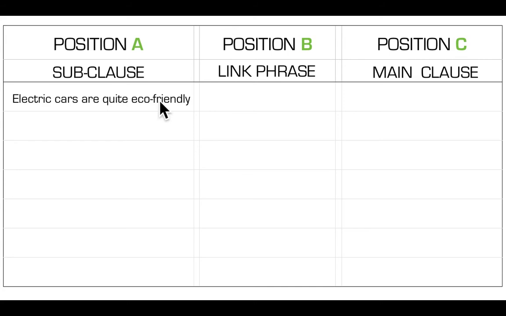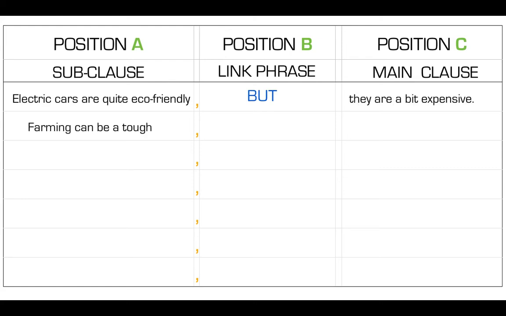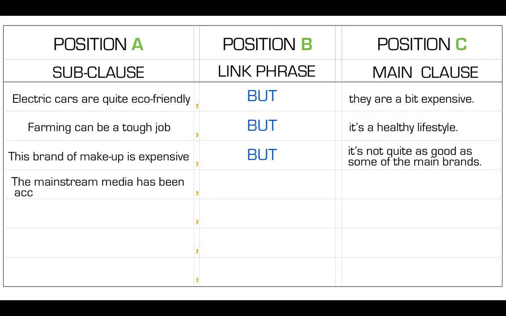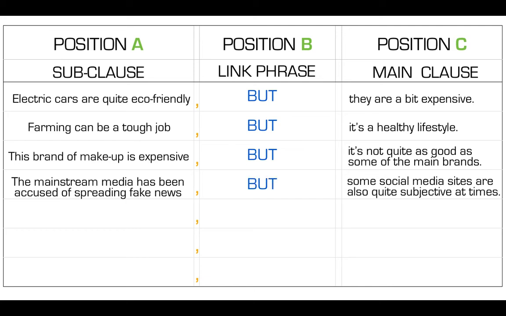So for example, electric cars are quite eco-friendly, and we'll put in a comma and then we'll say but they are a bit expensive. Farming can be a tough job, but it's a healthy lifestyle. This brand of makeup is expensive, but it's not quite as good as some of the main brands. The mainstream media has been accused of spreading fake news, but some social media sites are also quite subjective at times.